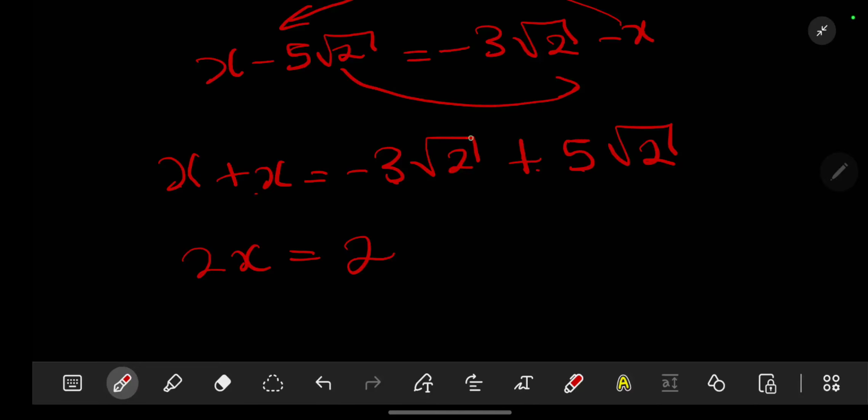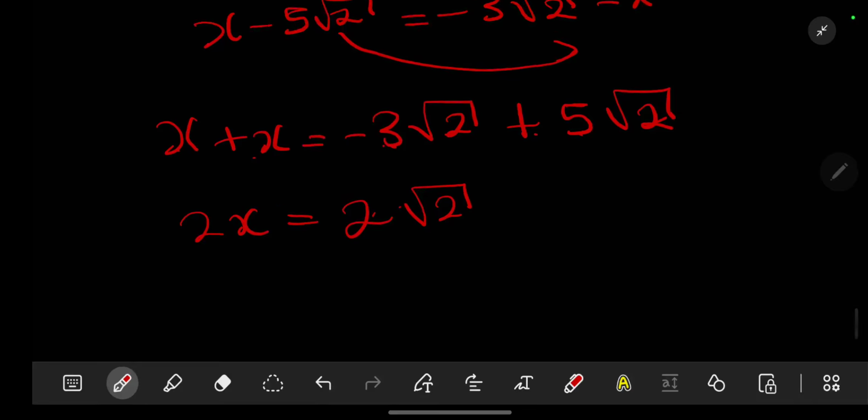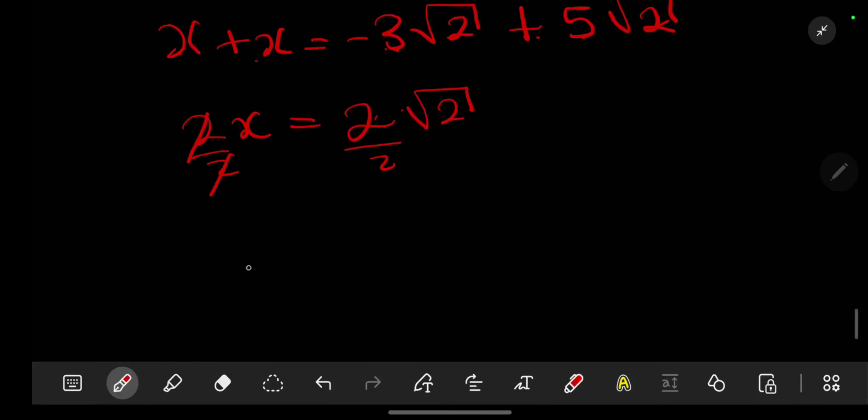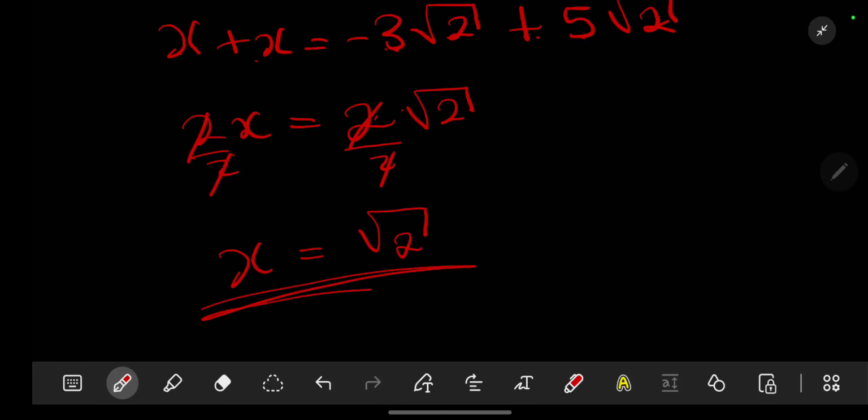So if you have something in the square root and they are the same, just add normally. 5 plus negative 3 is positive 2. Then we have the root of 2. Then divide over 2 like that. So our x value will be equal to the root of 2, like that. So that is how we basically solve those problems.